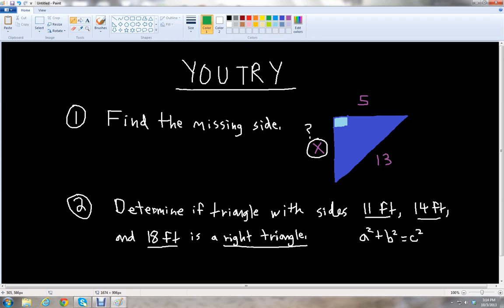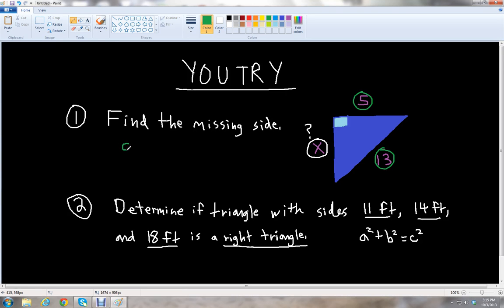Okay, so let's go over the answers. So find the missing side, which is x. So we have x here, and we have 5 and 13. So we use the Pythagorean theorem: a squared plus b squared equals c squared.